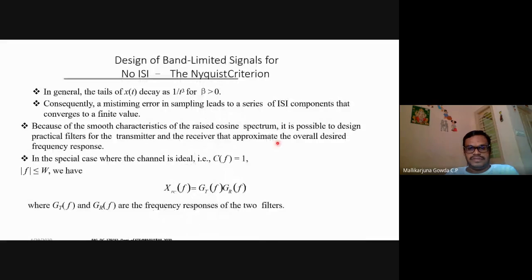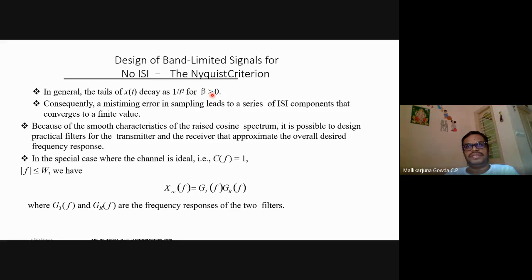So let us discuss that waveform. In the first case, when it is a single sinc function, I said it decays at what rate? 1 by t. And here, the tail of x of t decays as 1 by t cubed, for alpha greater than 0.